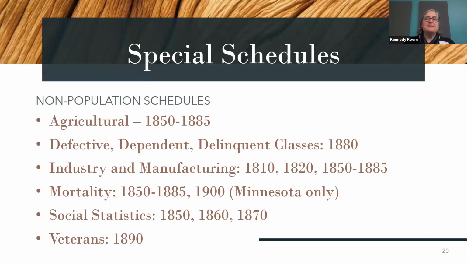So these special schedules, as I said, the veteran schedule in 1890 is one of them. There were agricultural schedules taken between 1850 and 1885, defective, dependent, delinquent classes in 1880, the industry and manufacturing schedules in 1810, 1820, and then 1850 through 1885.